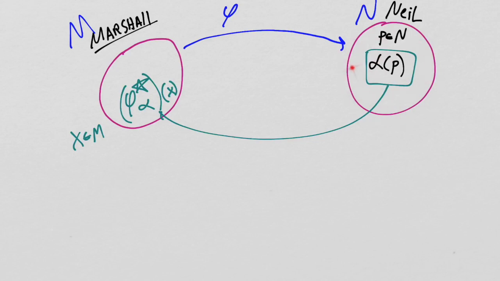Now remember, it's a whole field. So this alpha acts on every point at Neal, and it returns a cotangent vector at every point in each cotangent space on Neal, and it returns an object over here, which is a cotangent field on Marshall.